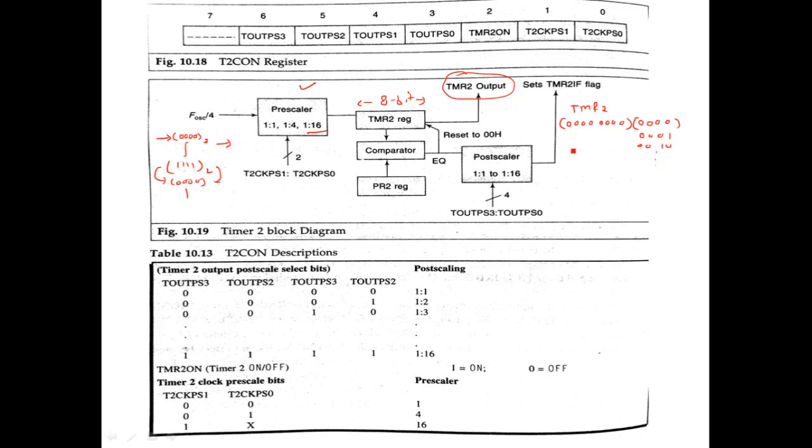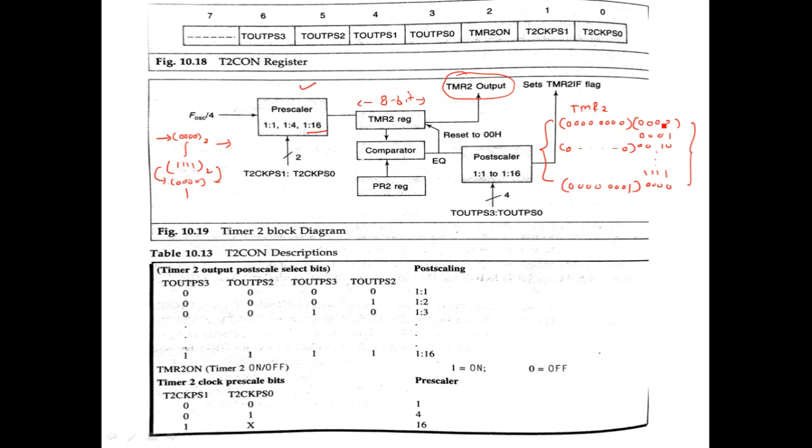This will remain 0 0 only. And when this goes from 1 1 1 1 to 0 0 0 0, then this will increment by 1. So it will now become 0 0 0 0 0 0 0 1. So it means that the count in the timer 2 register will increment by 1 after 16 clock cycles. This has become possible because of this 4-bit prescaler.